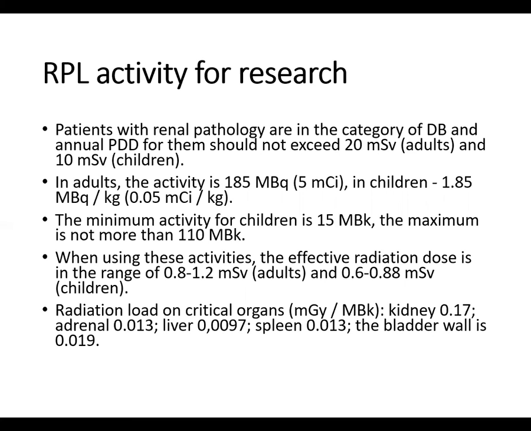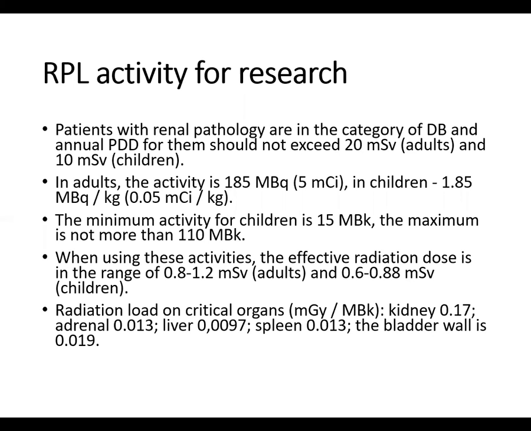0.88 millisieverts in children. Just for your understanding, to compare, for instance, one computed tomography scan without contrast is approximately 2 to 3.5 millisieverts per one scan without contrast. But usually, for instance, in case of the renal pathology, in case of the suspicion of the tumors, we perform multi-phase computed tomography.